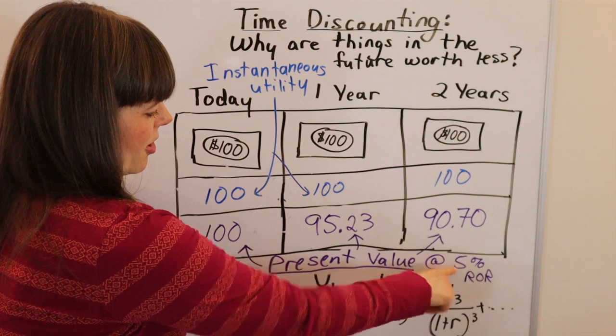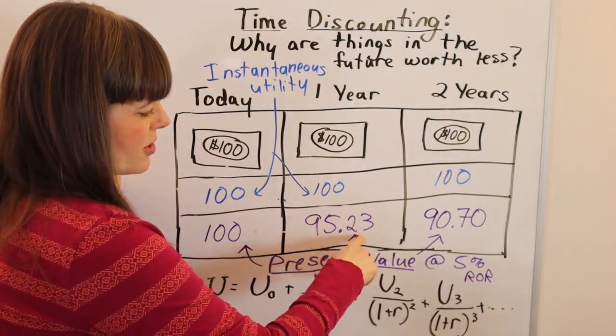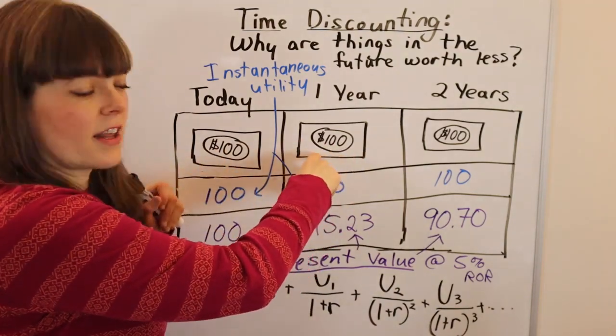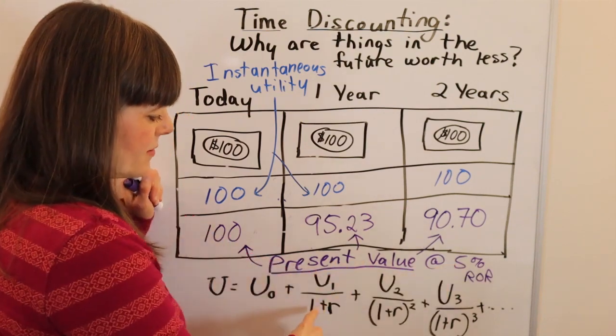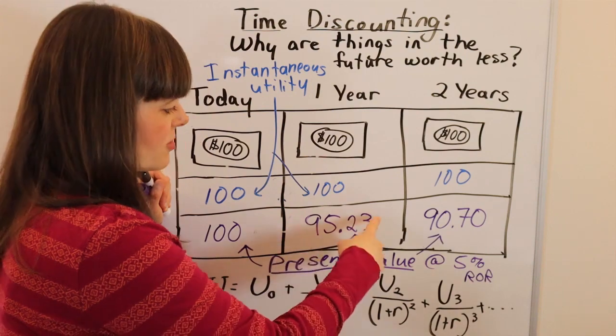So what that means here is that I've constructed the 95.23 by dividing the $100 that we would get in a year by 1.05 to account for the 5% interest rate. So 1 plus 0.05. That's how I've constructed this.